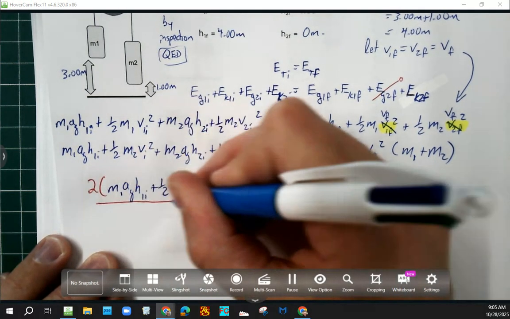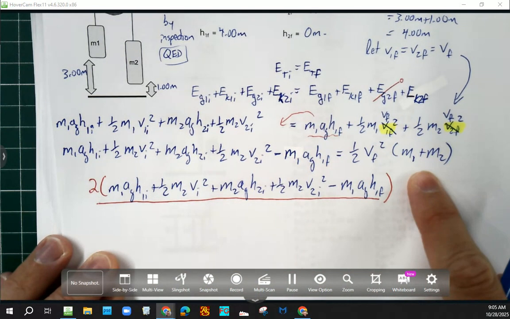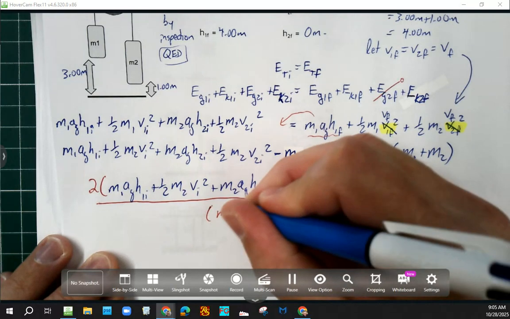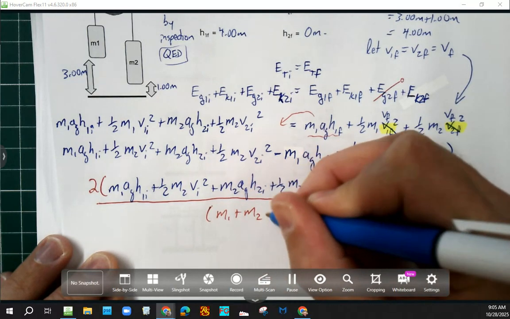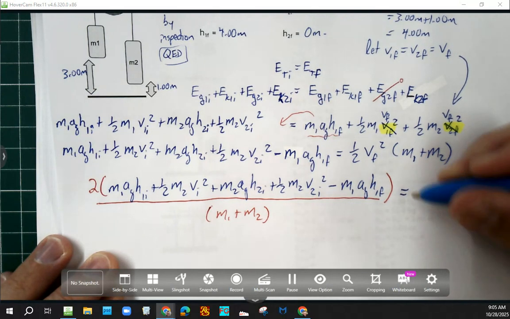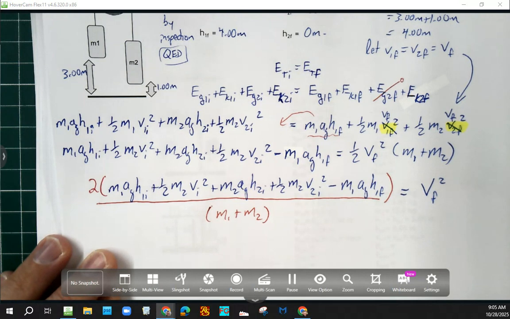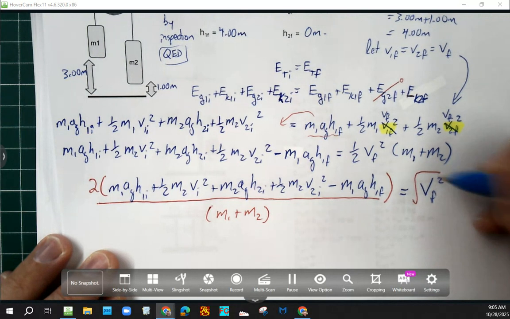Again, because I don't like writing, I'm going to divide both sides by that M1 plus M2 binomial. And that'll leave my VF squared there. Is it okay with everybody in the room if I just square root both sides? Thank goodness, right? Motion passes.